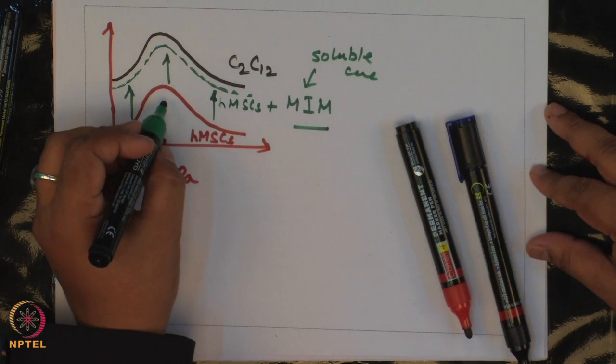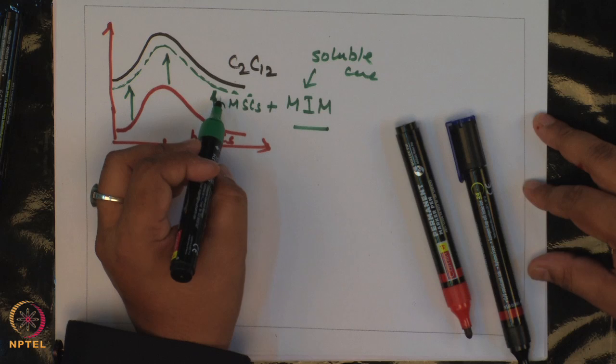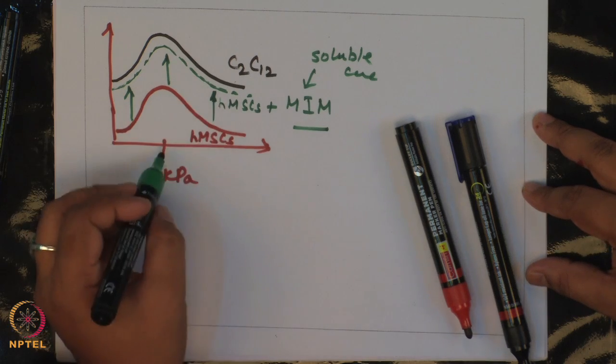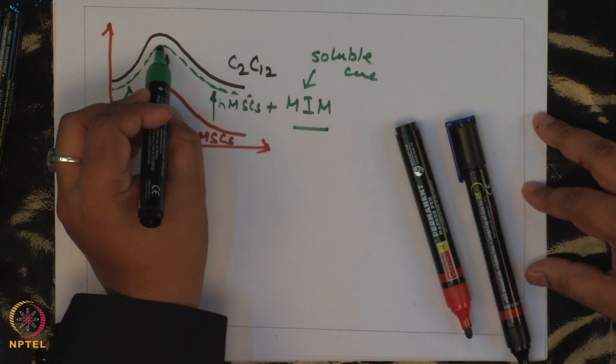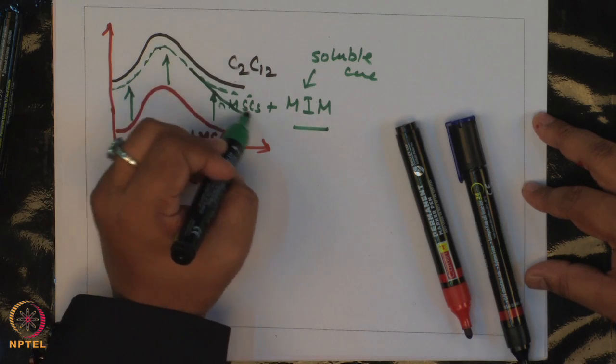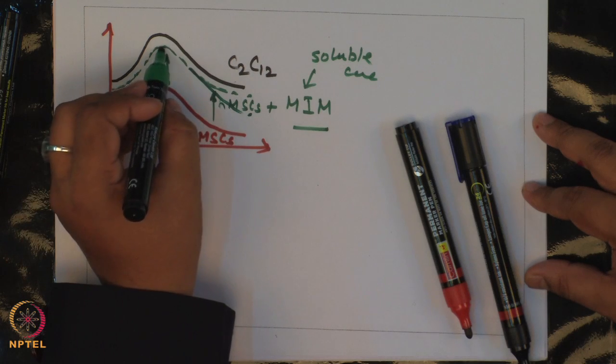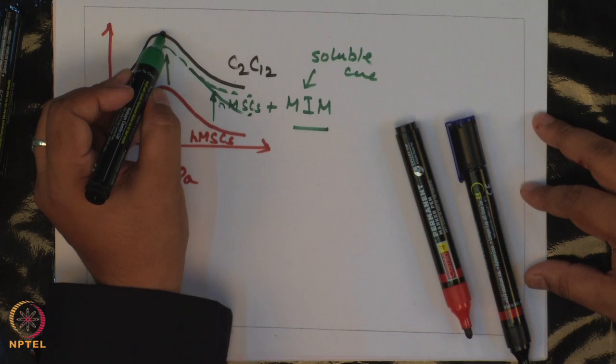The peak is the physical signal, and when you add muscle induction media together with the appropriate stiffness, what you see is on these surfaces your signal is very close to that of a C2C12 cell line.